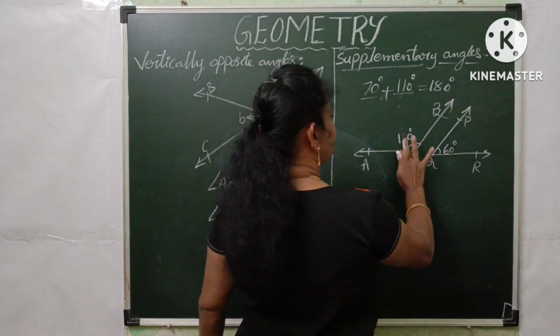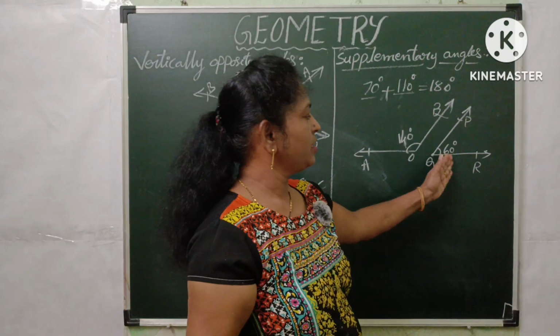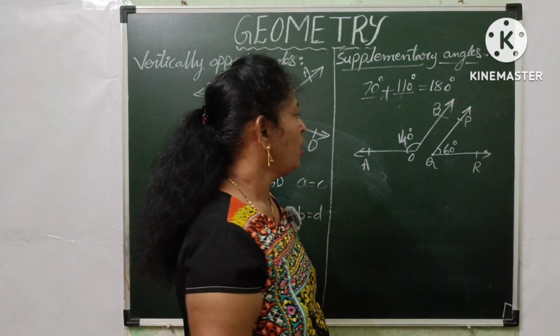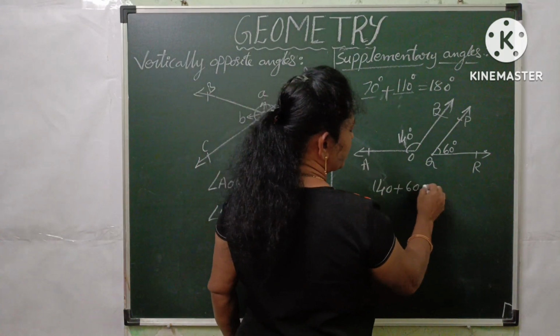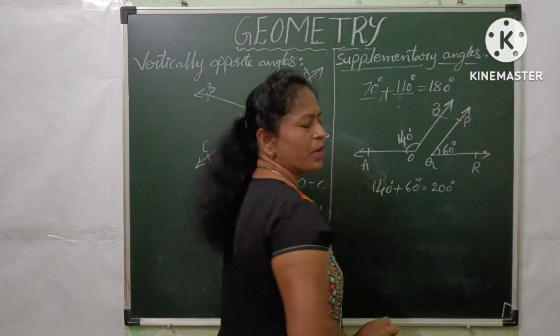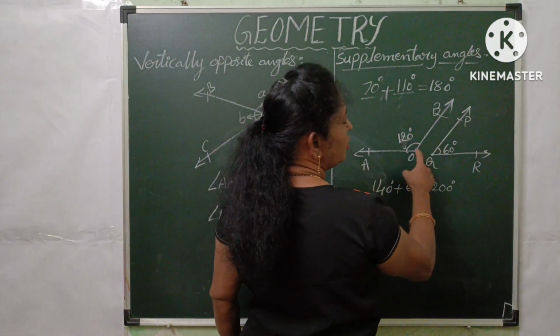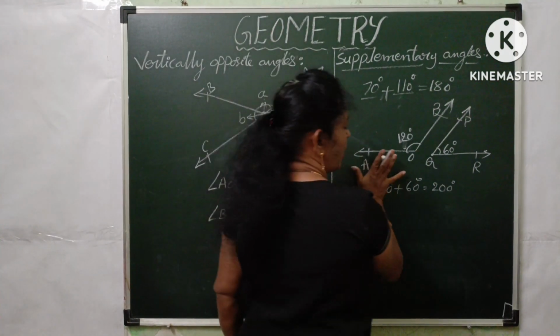But here this is 140 degrees and this is 60 degrees. Are they supplementary angles? No. Why? Because 140 plus 60 is equal to 200 degrees. This is not supplementary. Okay. Only when the sum of two angles is 180 are they a pair of supplementary angles.